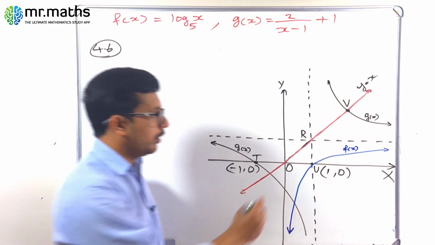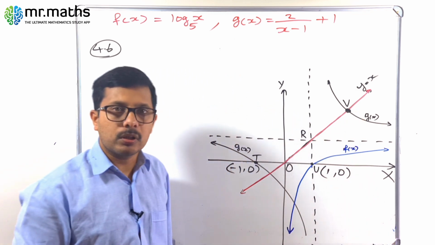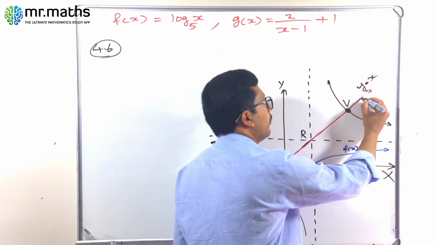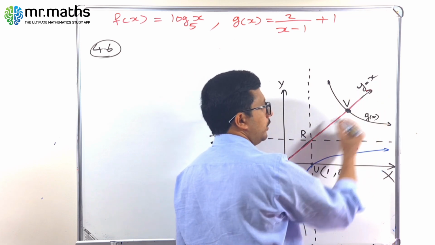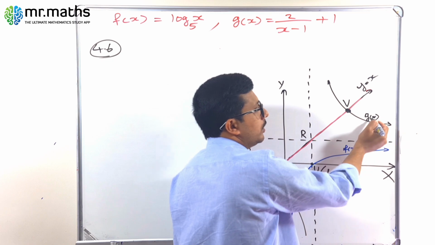What I'm saying is, this point is a common point for both y is equal to x, this line, and g of x. The name of this red line is y is equal to x, and this one is g of x.